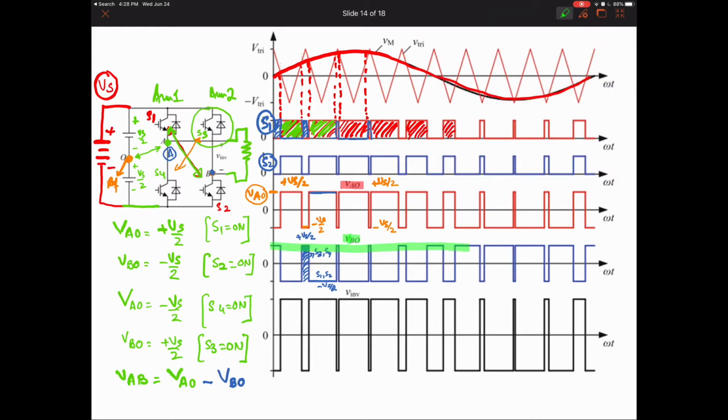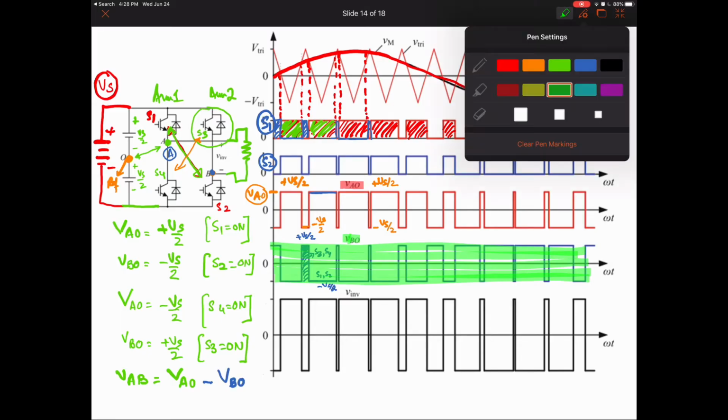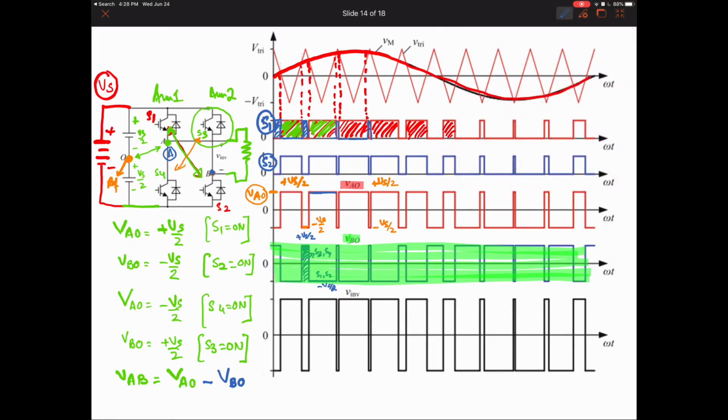This waveform is the pole voltage waveform at the center point of arm B with respect to the center point of your source. Now, how to get the load voltage? To get the load voltage, you will have to subtract the pole voltage VB0 from the pole voltage VA0. If you apply the subtraction, over here we have plus Vs by 2 and over here we have minus Vs by 2.